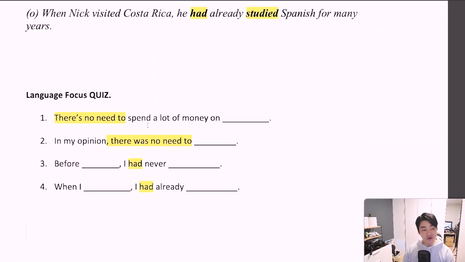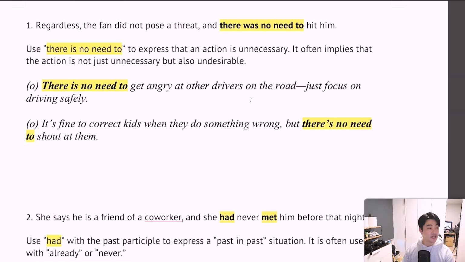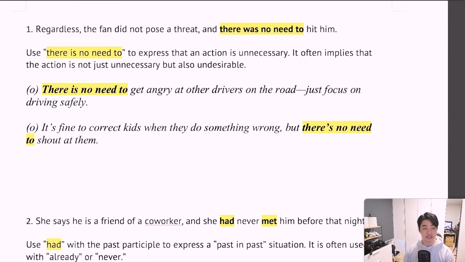Number 1. There's no need to spend a lot of money on... So if we scroll back up, "there's no need to" expresses that the action is unnecessary. It often implies that the action is not just unnecessary, but also undesirable. So remember, we said 할 필요가 없다.